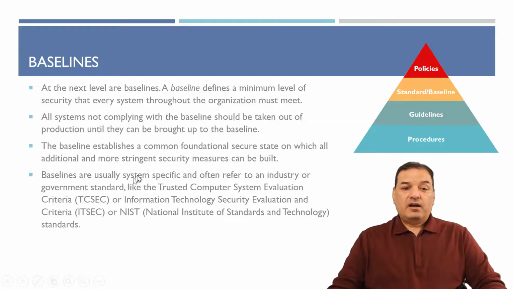Baselines are usually system specific and often referred to in industry or government standards, for example the Trusted Computer System Evaluation Criteria, TCSEC, or Information Technology Security Evaluation Criteria, ITSEC, or NIST. The NIST standards are US based standards, and I believe the National Archives produces and documents them. They contain a lot of good information about the various security initiatives documented in them.